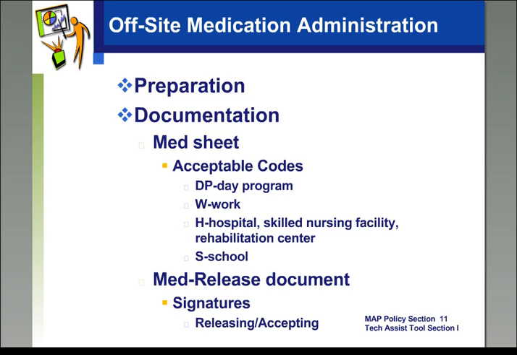In addition, I'll ask for the corresponding medication release document and look for two signatures, that of the certified or licensed staff who released the med and the certified or licensed staff who accepted it. There is no standardized DPH med release document. Many providers modify the title of a leave of absence form for this purpose.